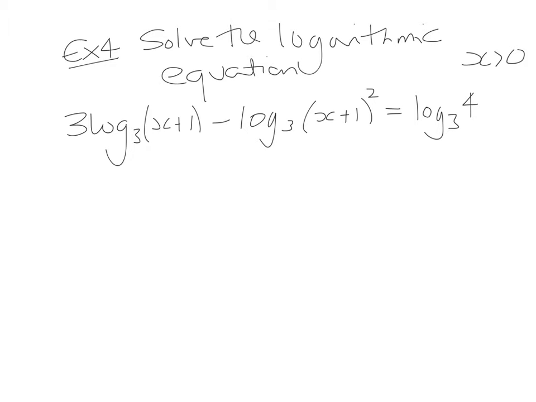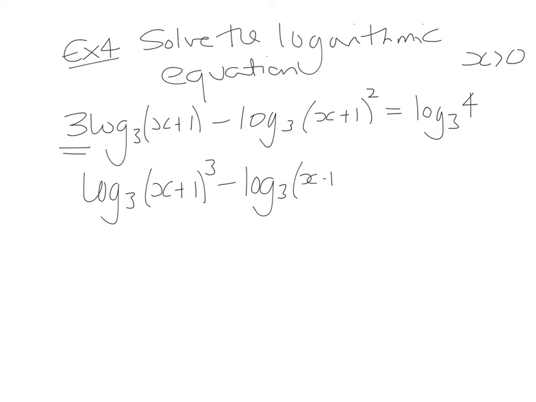Right, so first of all, we are going to deal with this 3. We cannot use rule 1 and rule 2 if we have a number in front of the log. So we need to bring this 3 up and make it a power. So that will be log to the base 3 of x plus 1 cubed minus log to the base 3 of x plus 1 squared equal to log to the base 3 of 4. Now at this stage we can use rule number 2 because we're taking away logs on this left hand side.